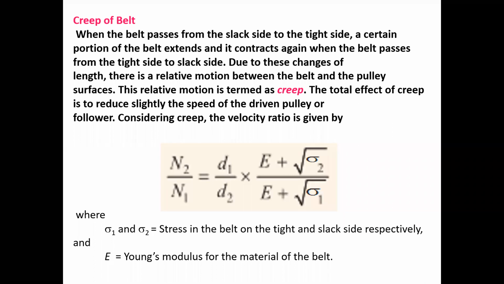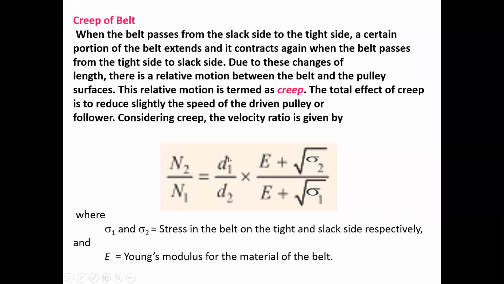By the effect of those contractions and extensions, you get the creep effect. When creep arises, the velocity also varies, so we should also consider creep. How do we consider it? Just observe the velocity ratio equation.